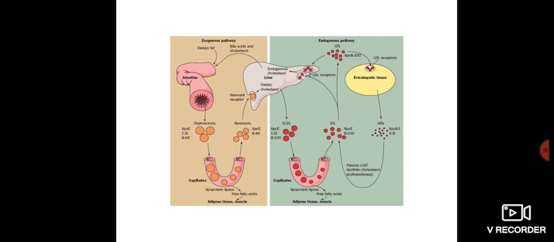So another important process which we come across during this method is receptor mediated endocytosis. Receptor mediated endocytosis is a process in which specific receptors present in the plasma membrane bind with the ligand.